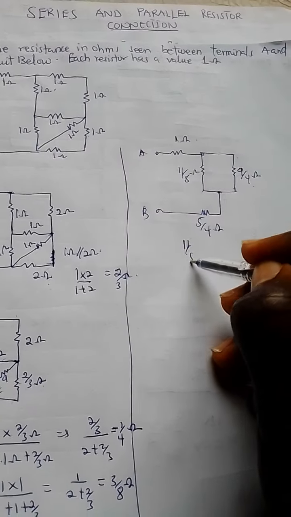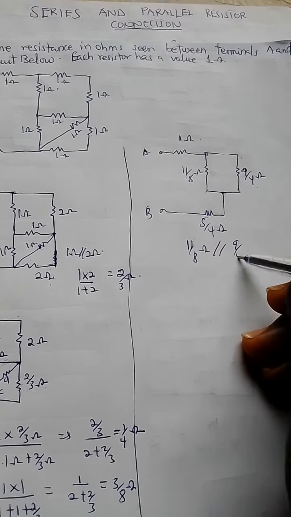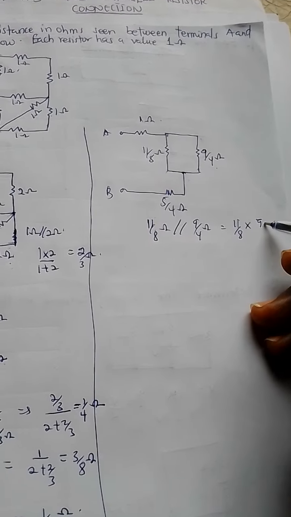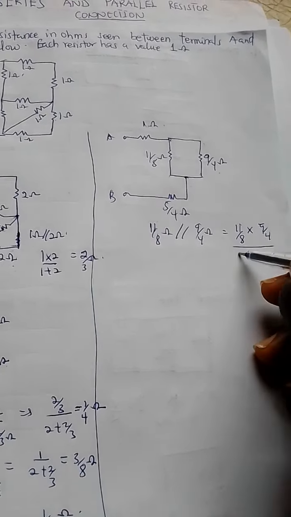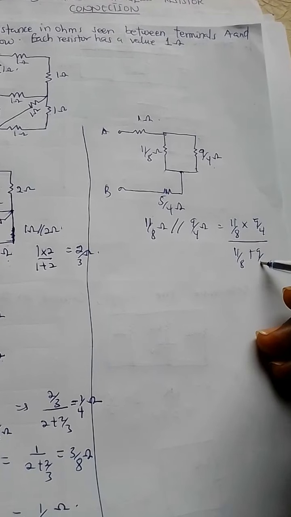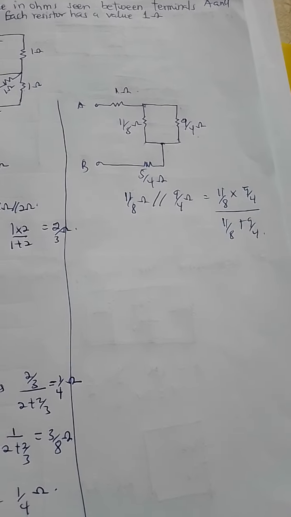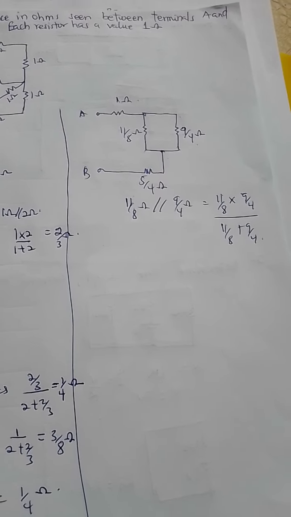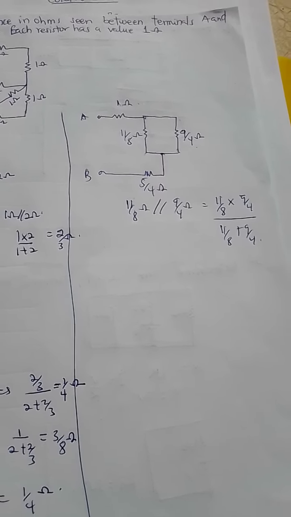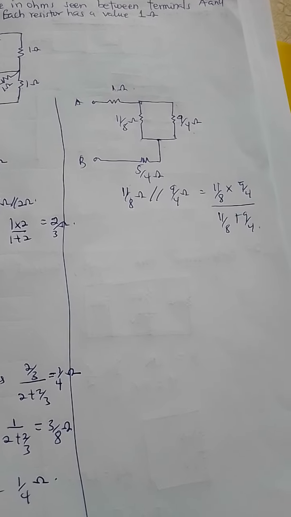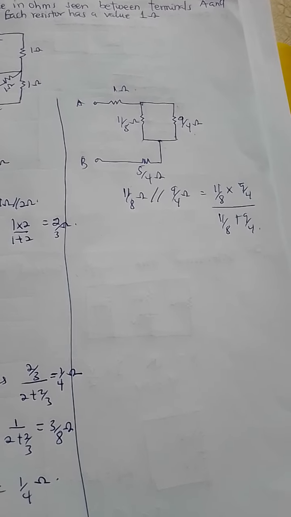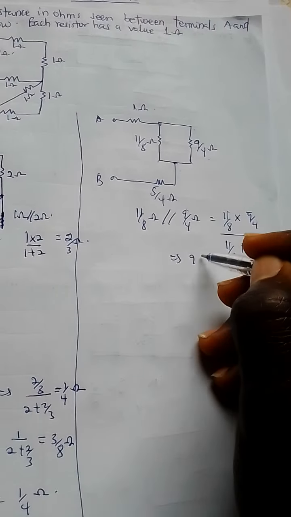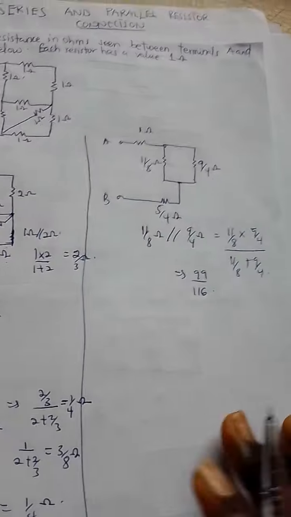So 11 over 8 ohm is parallel to the 9 over 4 ohm, and this will give me 11 over 8 times 9 over 4 all over 11 over 8 plus 9 over 4. That will give me 99 over 116.